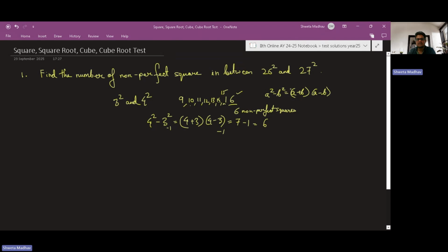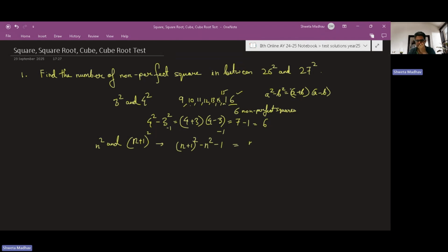So the number of non-perfect squares in between any two consecutive square numbers, suppose between n square and n plus 1 whole square, will be n plus 1 whole square minus n square minus 1.